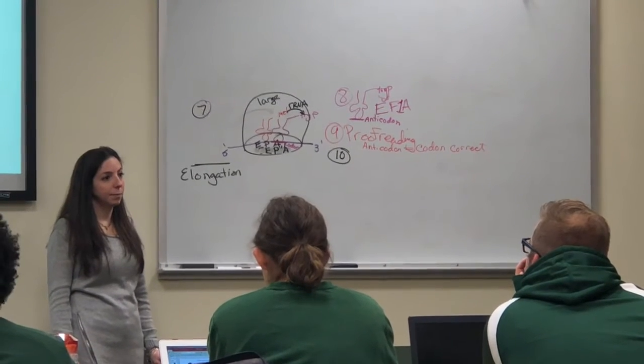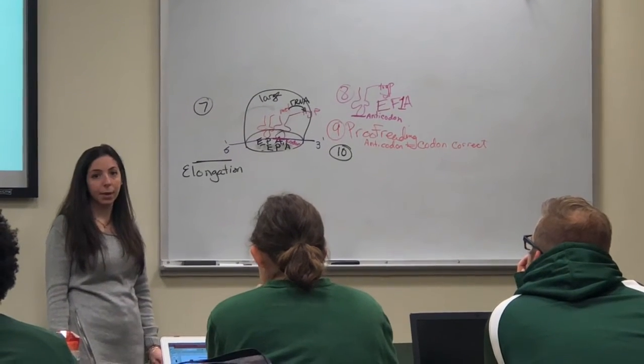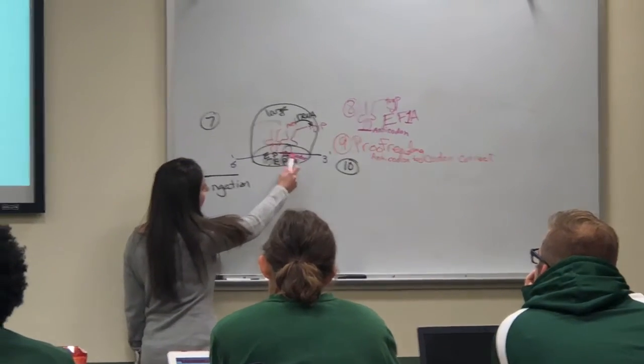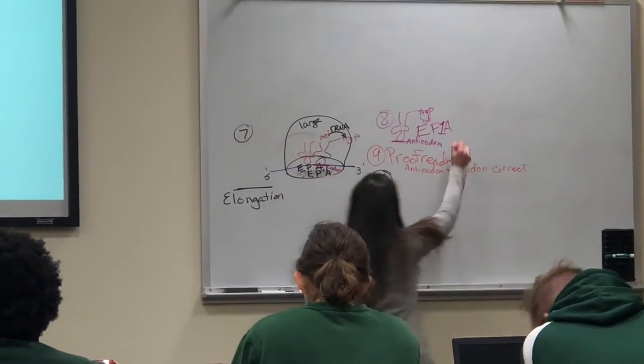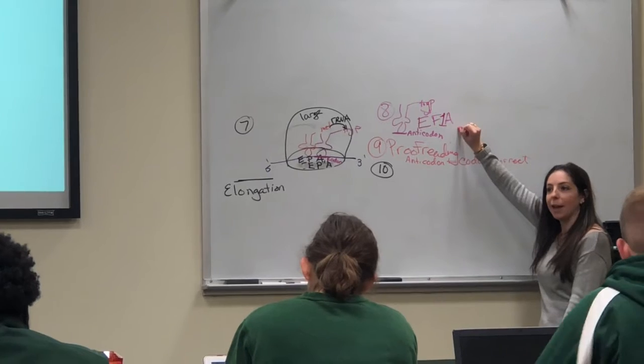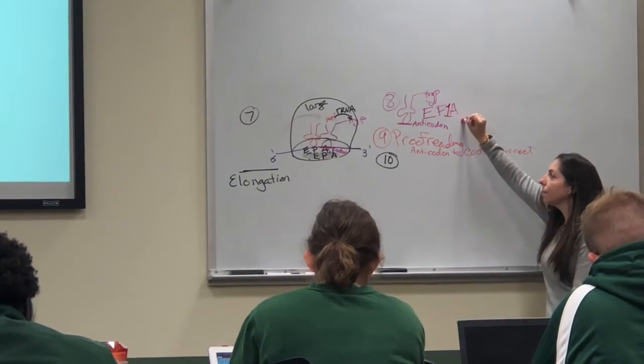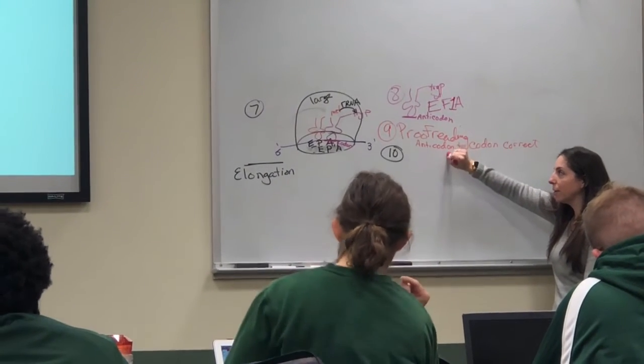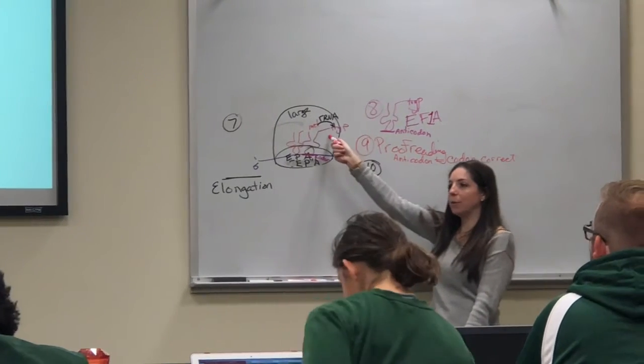Sorry. Step 10. In order to bring the tRNA in, you need to have another factor called elongation factor 1A. Then you proofread. Then you have your ribosomal reaction.